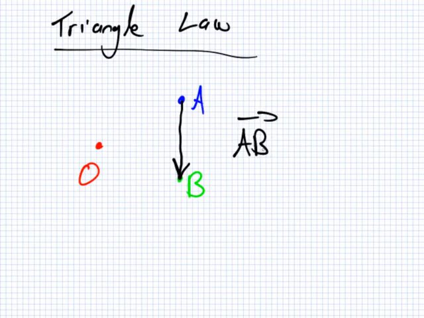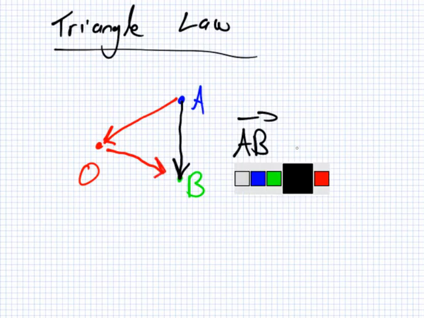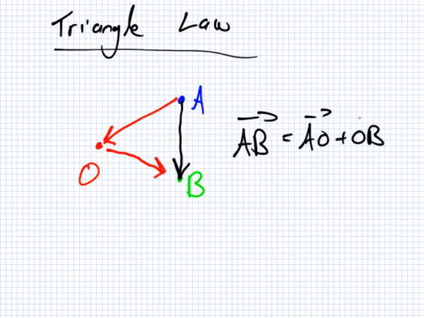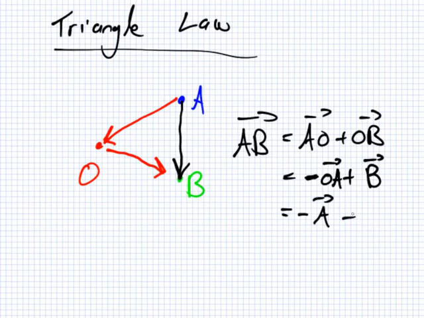So you could say AB is the same as AO plus OB. But what's OB? Just B. And AO is minus OA, which is minus A, which gives B minus A.